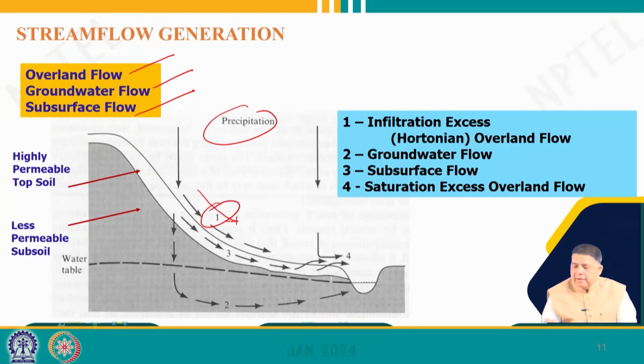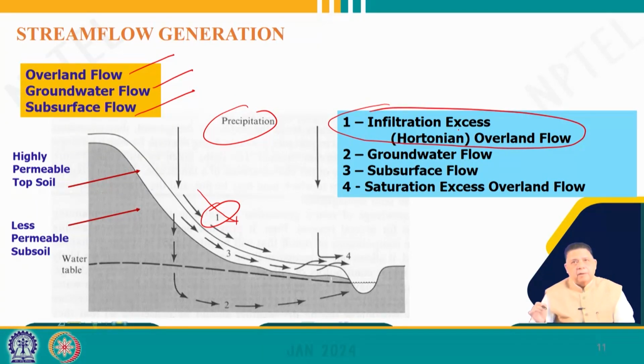That is number one, overland flow, which we already mentioned, but it is typically called infiltration excess overland flow. That is, the part of precipitation which is in excess of the infiltration requirement or infiltration capacity of the soil flows in the form of overland flow. That is infiltration excess or Hortonian overland flow, because Horton gave this term. So, that is why it is also referred to as Hortonian overland flow.